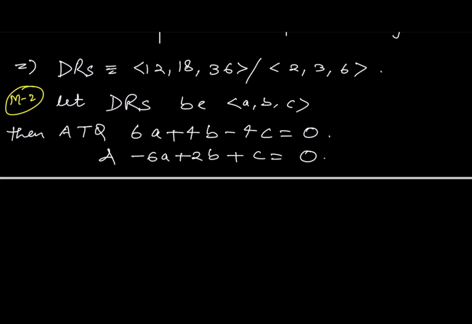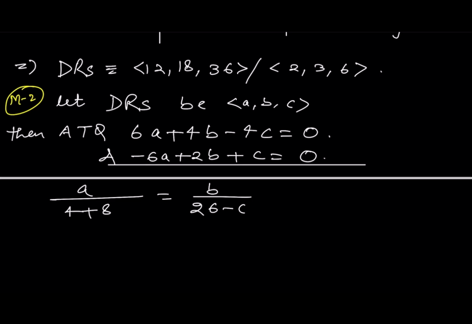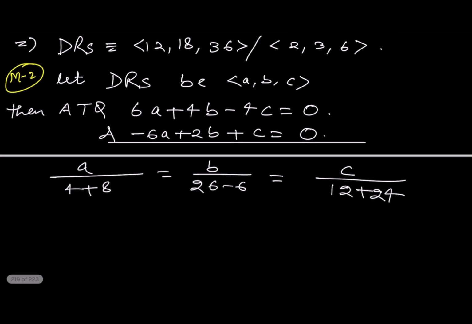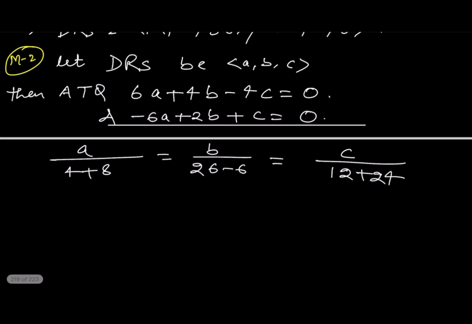So now using cross multiplication rule, a upon 4 plus 8 is equal to b upon 24 plus 6 is equal to c upon 12 plus 24, right? I have used this cross multiplication rule.